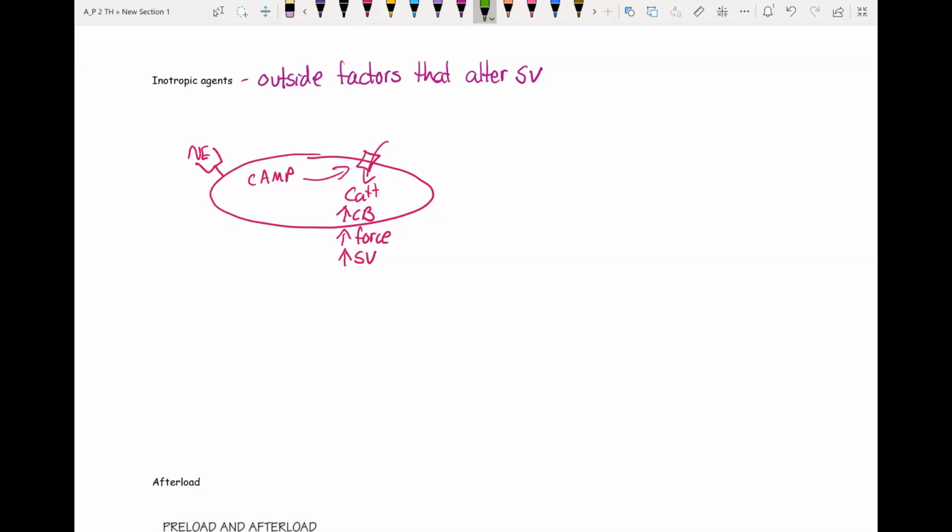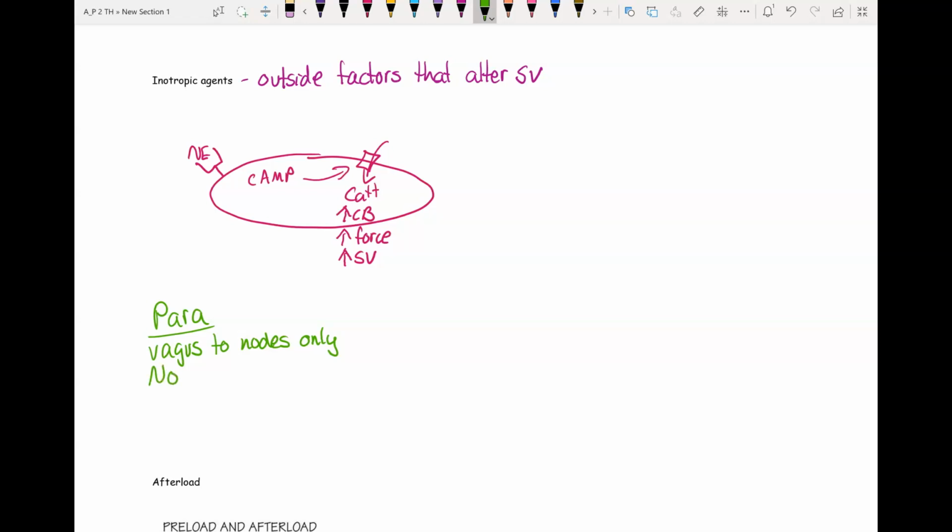So let's see what factors can act on this system. If you remember parasympathetic, when we first drew that picture, we had the nerves going to the heart. The vagus goes to the nodes only. Remember, the vagus does not branch down to the ventricles.